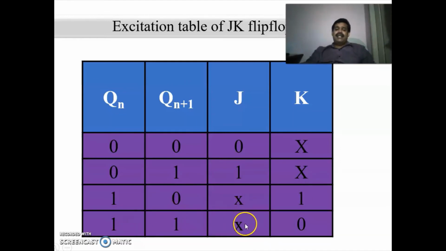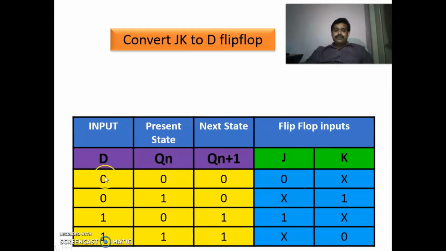For 1 to 1, J is X and K is 0. Now we check the present and next state: 0 0 gives 0 X, 0 1 gives 1 X, 1 0 gives X 1, and 1 1 gives X 0. So by using the excitation table, we fill these columns J and K.